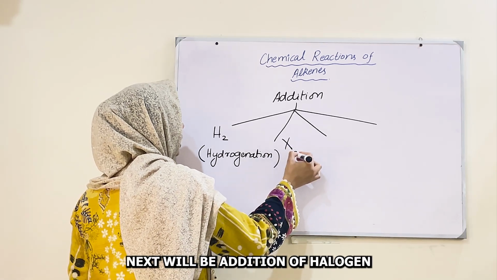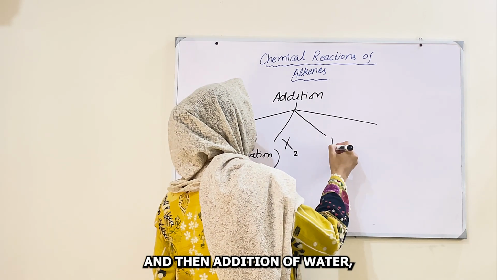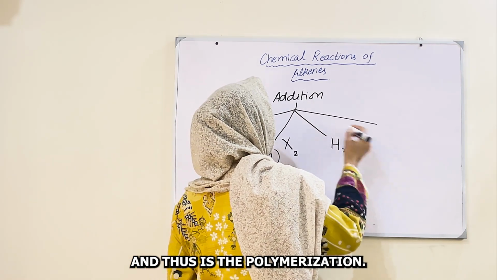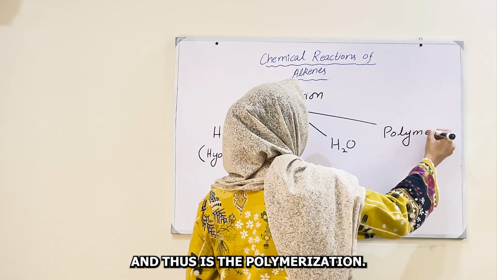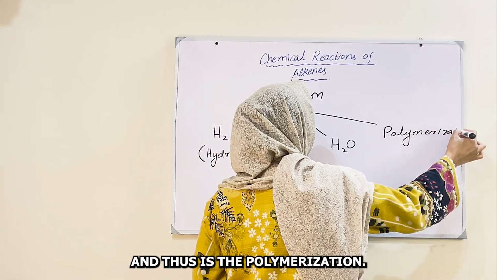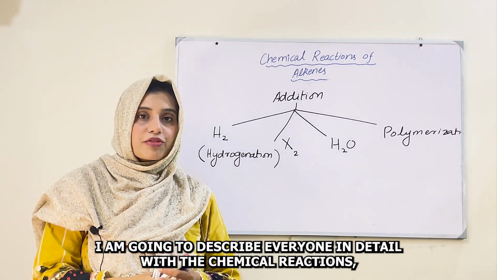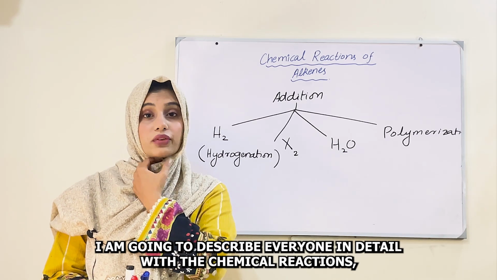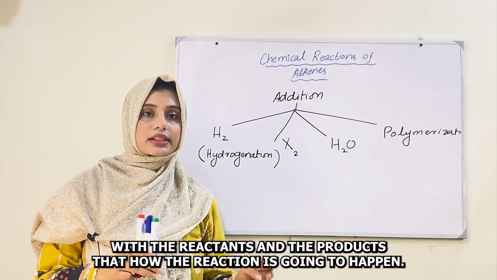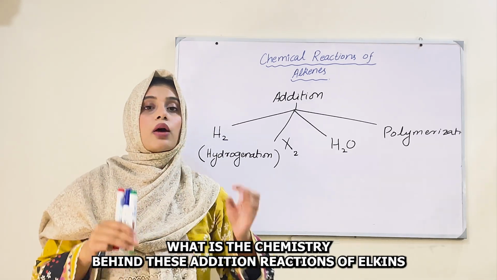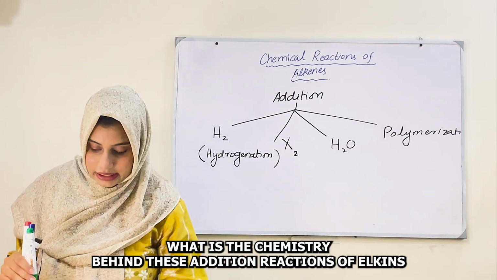Next will be addition of halogen, then addition of water, and last is polymerization. Now I am going to describe every one in detail with the chemical reactions, the conditions of the reactions, the reactants and the products, how the reaction is going to happen, and what is the chemistry behind these addition reactions of alkenes.